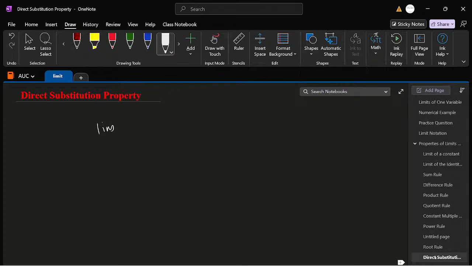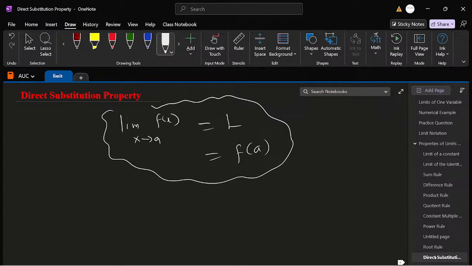The limit as x approaches a of f of x will be equal to f of a. So this is the direct substitution you can always apply, as it gives you the result on time.